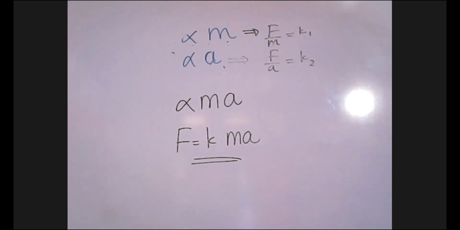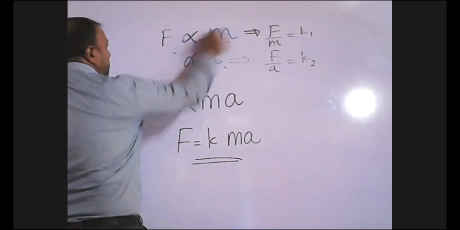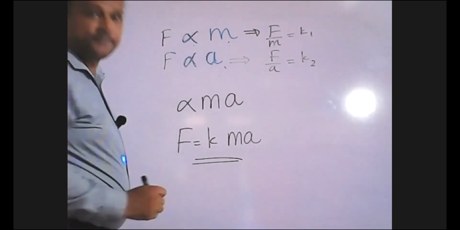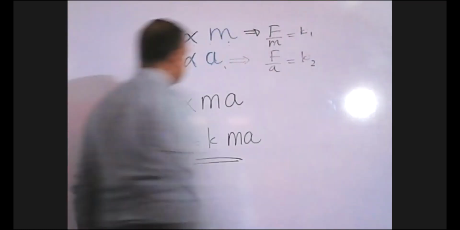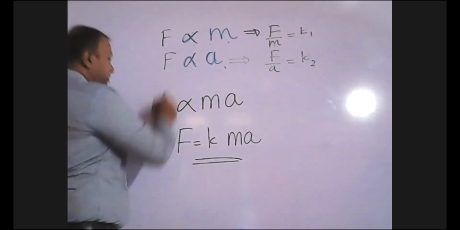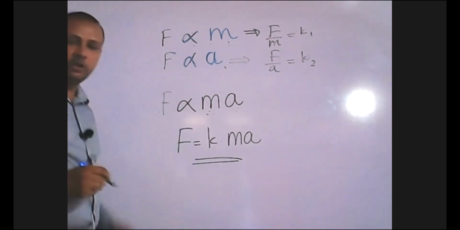No, both are directly. F is directly proportional to M. F is directly proportional to A. The ratio is a constant. That's why I write this one as the product. The product of these two is directly proportional to F.